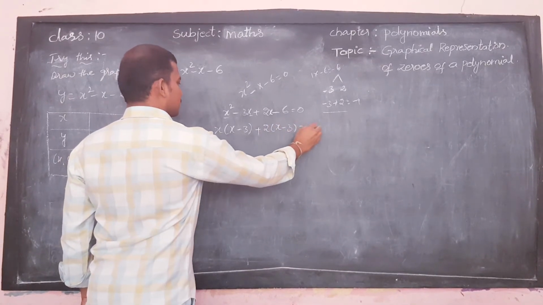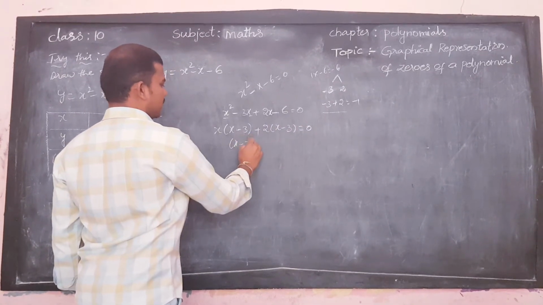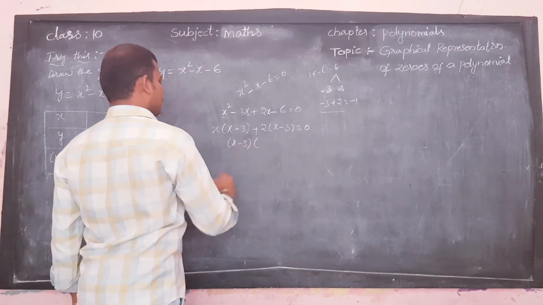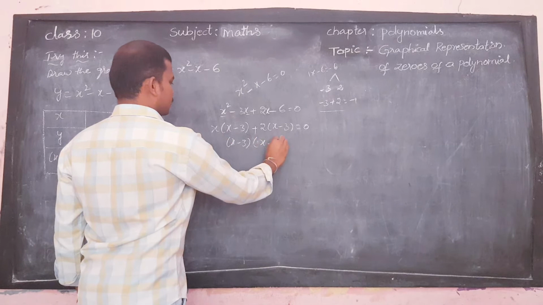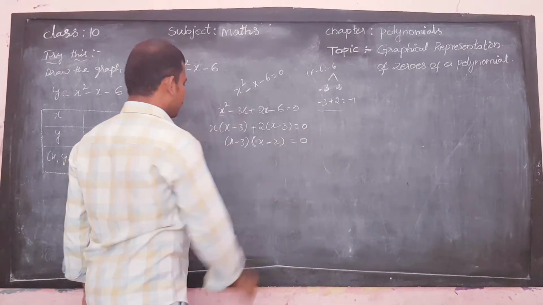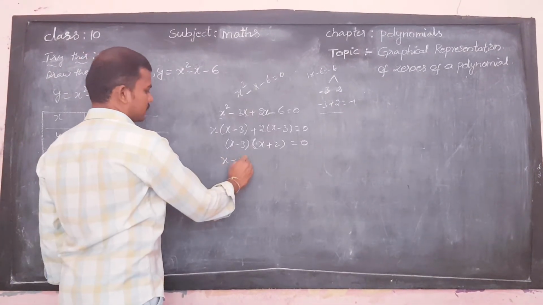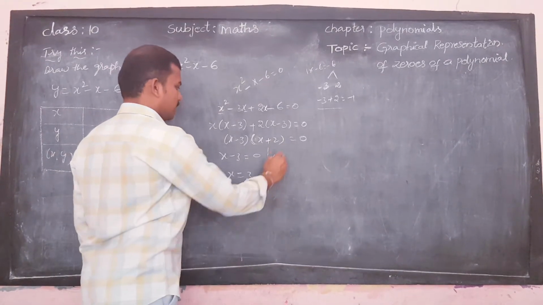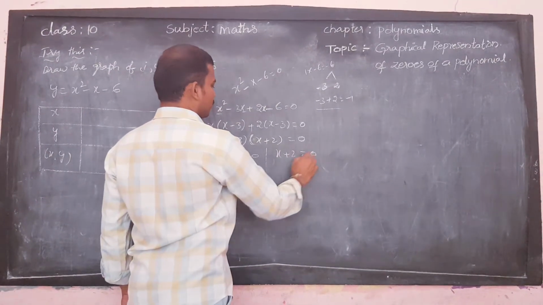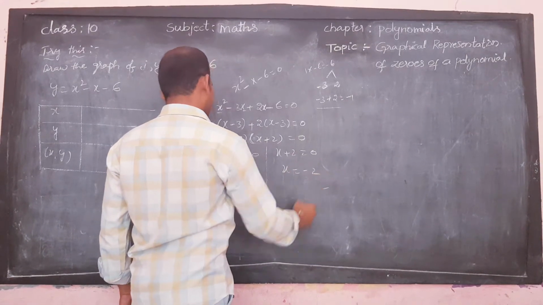Take x minus 3 common, so x minus 3 times x plus 2 is equal to 0. X minus 3 is equal to 0, x is equal to 3. X plus 2 is equal to 0, x is equal to minus 2.